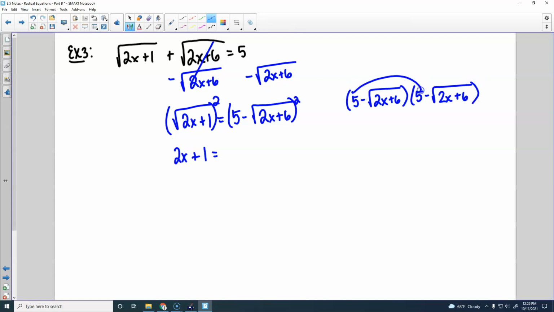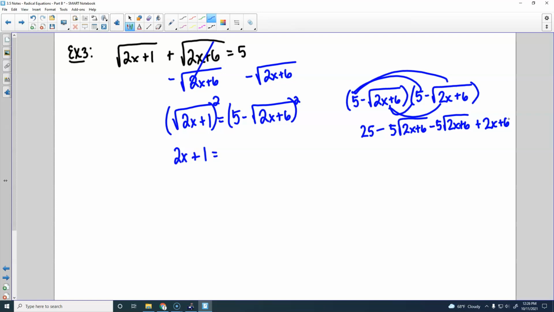And we have to distribute. 5 times 5 is 25. We've got 5 times the square root of 2x plus 6, another negative 5 times the square root of 2x plus 6, and then plus 2x plus 6.